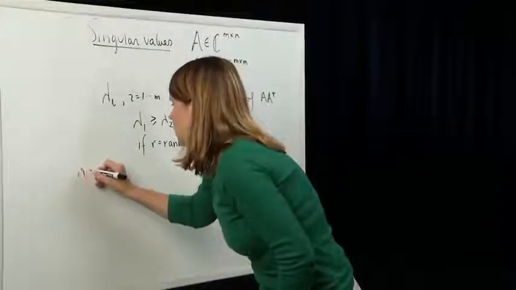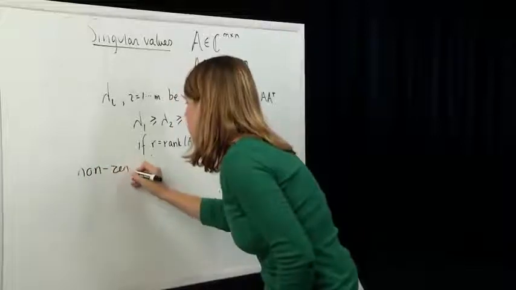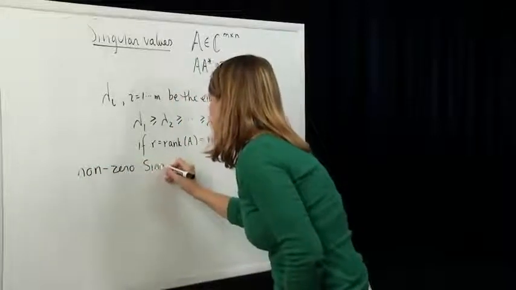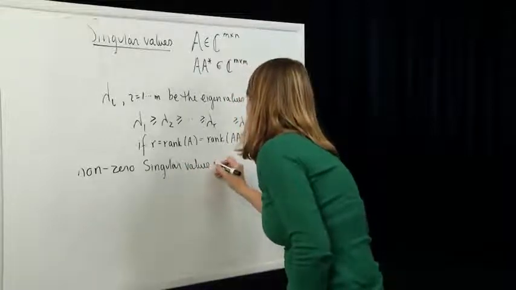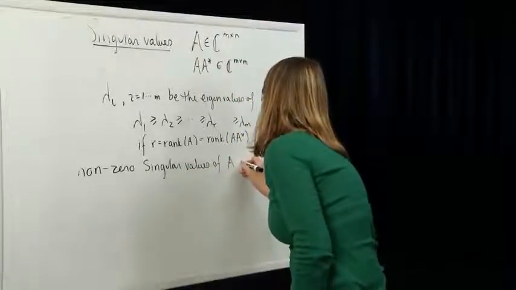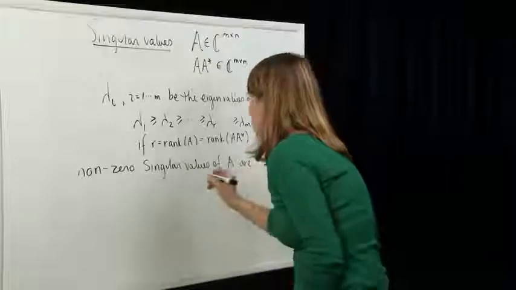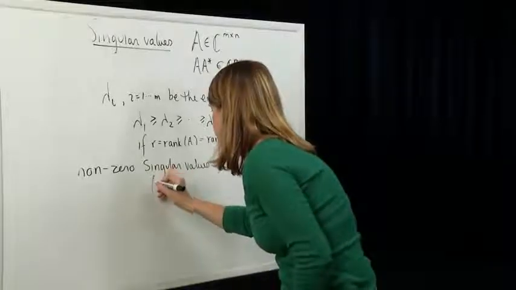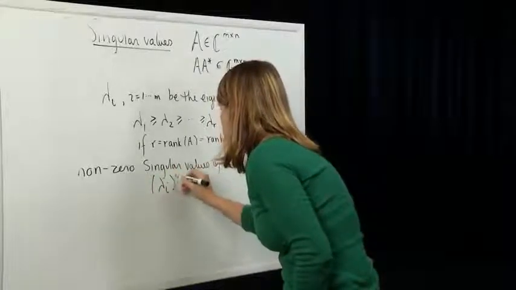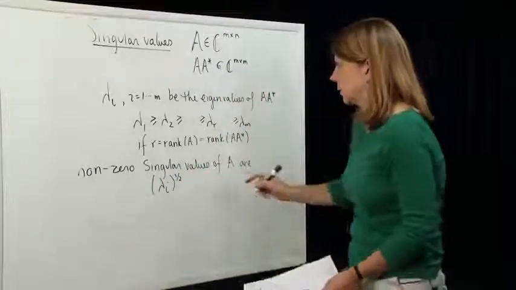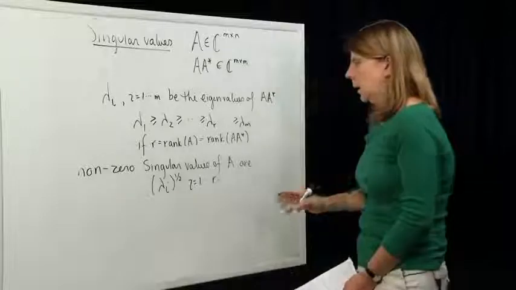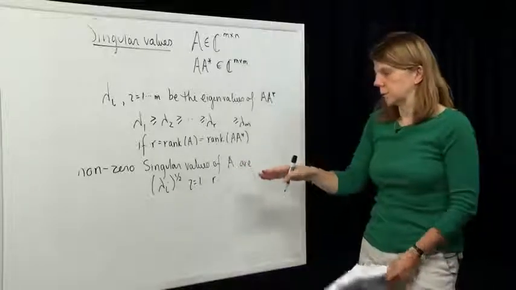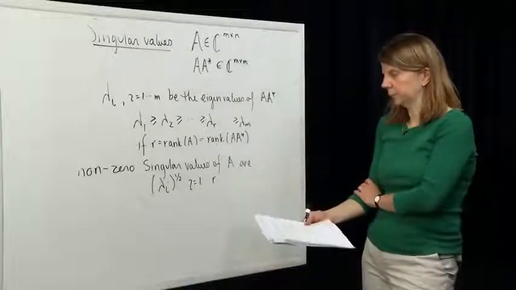So the non-zero singular values of the matrix A are the square roots of these eigenvalues for i equals 1 up to r. And then the remaining singular values of the matrix A are 0.